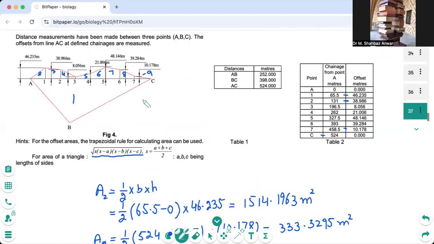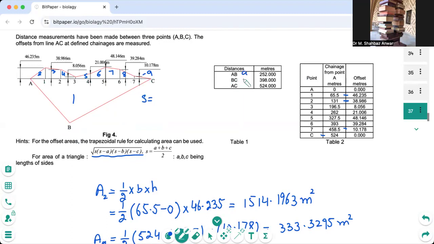For that, first of all, we need to calculate S. This S is equal to A plus B plus C divided by 2, meaning the addition of all sides of this triangle that are given in this table.